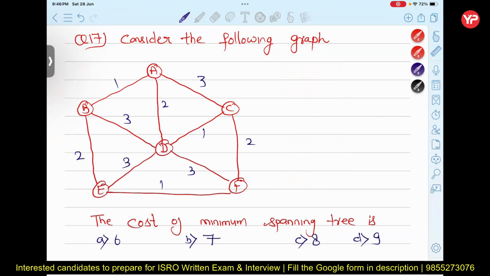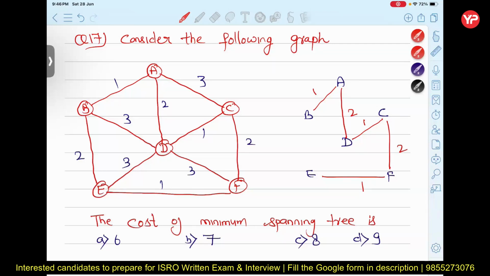So we have A, B, C, D. You have to follow the same approach. What are the minimum edges? A to B, D to C, having weight 1. Next minimum, A to D, C to F. We have one more minimum 1, that is this one. So there is connectivity.